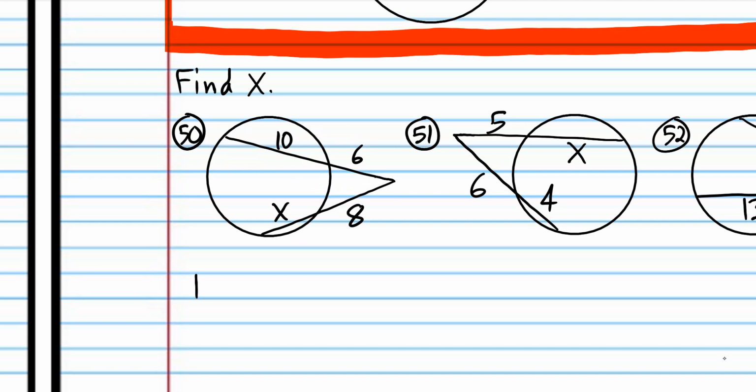So 10 plus 6, and then we multiply by the external length. So the total length times the external length, and that's going to equal the total length of this segment, which has to be 8 plus x, times the length of the external part, which is 8.